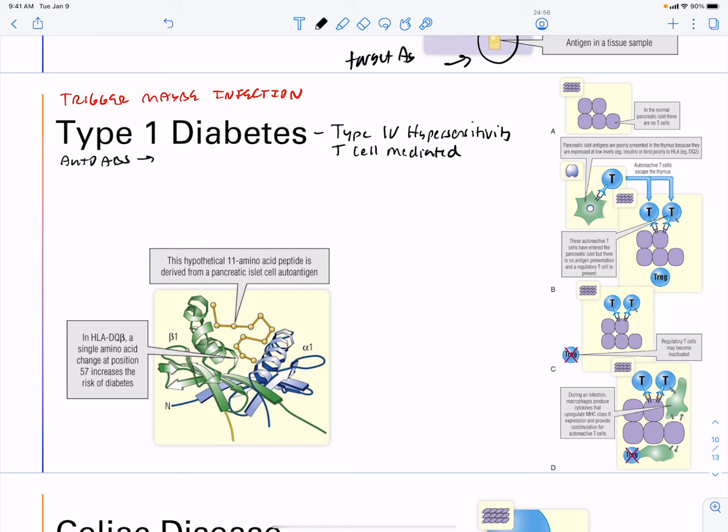And for type 1 diabetes, diagnosis is usually by the clinical symptoms, an increase of glucose and ketone bodies in urine.